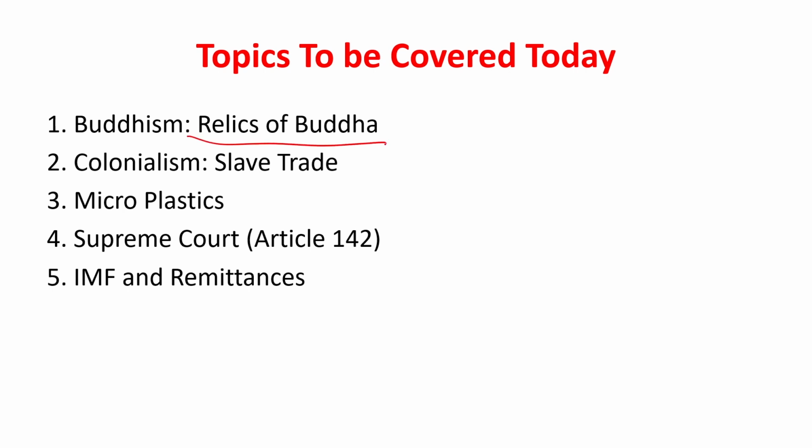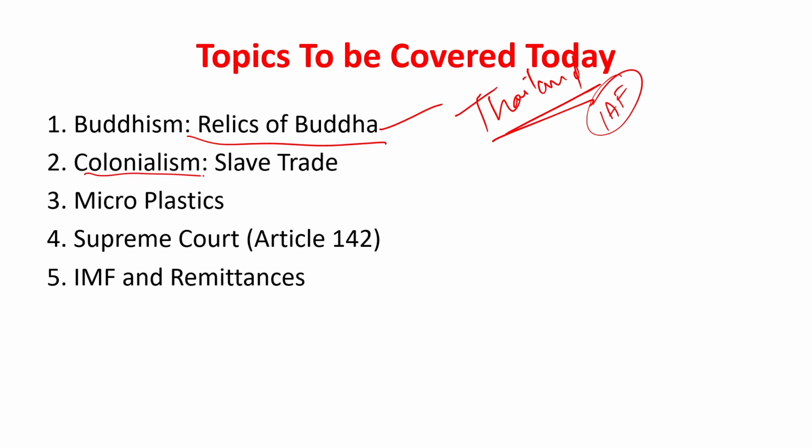The relics of Buddha, which are on their way to be displayed in Thailand on board an IAF plane, that is an Indian Air Force plane. The idea of colonialism and slave trade. The microplastics from science and technology.